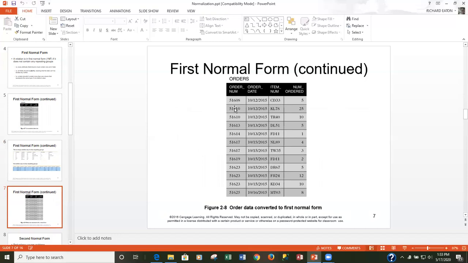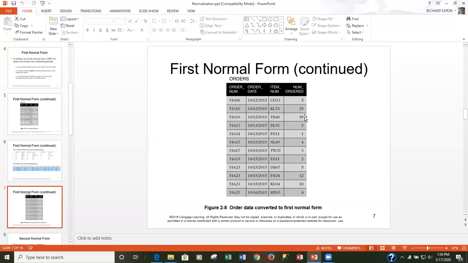Here's an example. 5610 had 2 items on it. And so what we did in this solution is we said order number 5610, here's the date, it's a KL78 and they ordered 25. And then we said on the next line down, order number 5610, that matches this one. This date matches this one, and we have a TR40 and they ordered 10.